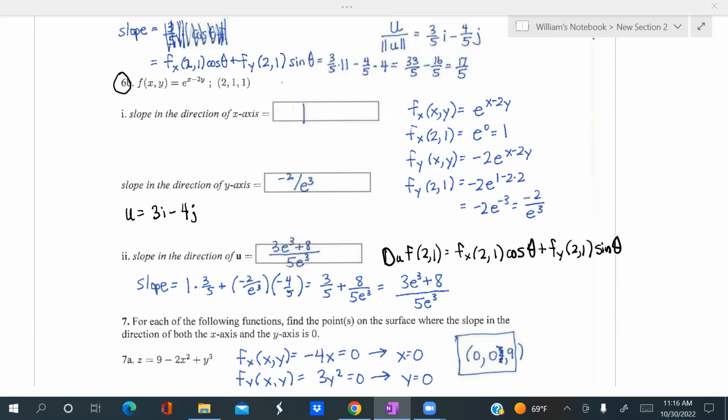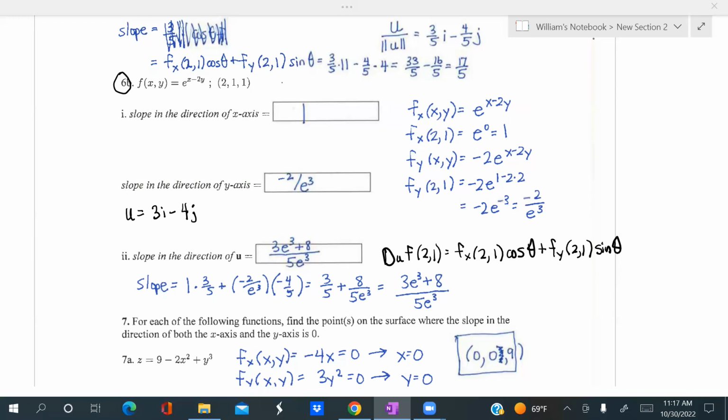If you calculate the partial derivative with respect to x of this two variable function, you just get e to the x minus 2y. That's easy to calculate. And then if you evaluate that at x equals 2, y equals 1, you're just going to get e to the 0th power, which turns out to be 1.